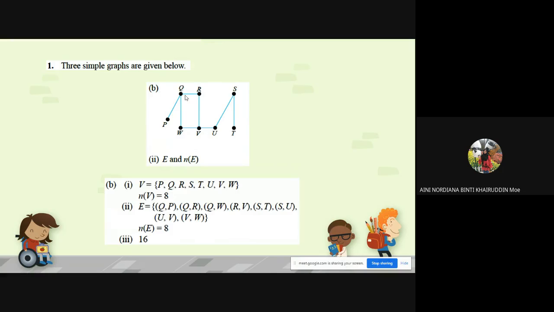E: QP, QR, QW, RV, ST, SU, UV, and VW. Okay. Number of E equals 8. And the sum of degrees, 8 times 2 is 16.